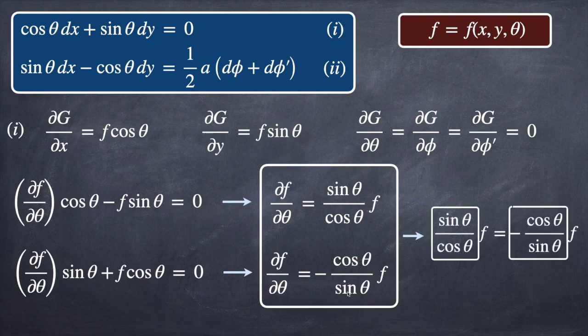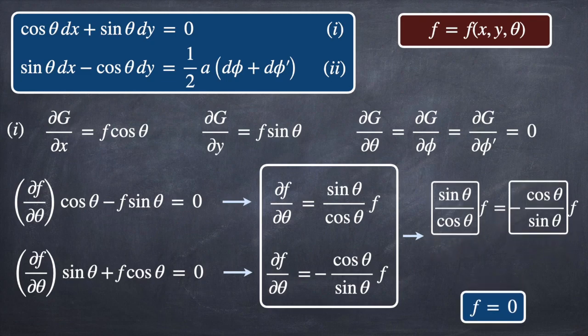So this is equal to this quantity here. So the sine of theta over cosine of theta multiplied by f must be equal to this quantity here. And this factor and this factor, they are different to each other. And then we can conclude that f is going to be equal to 0. Must be equal to 0.